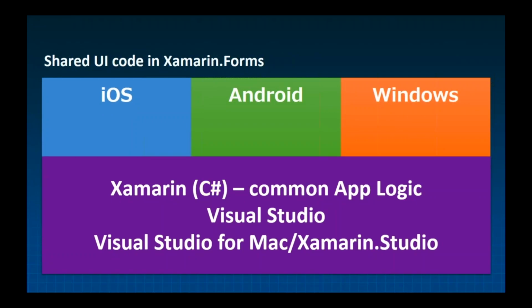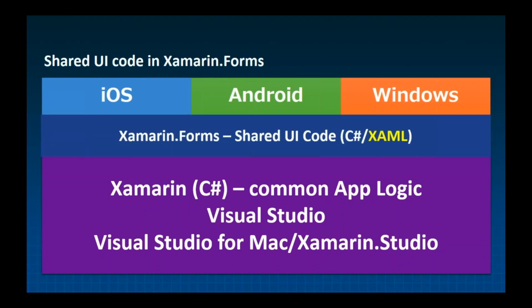Also, if you are using Xamarin.Forms, you can use these Xamarin features, and you can also share the code for UIs. What that means is that you only build one project with the UIs, common logic or services, and each platform's application package is generated.